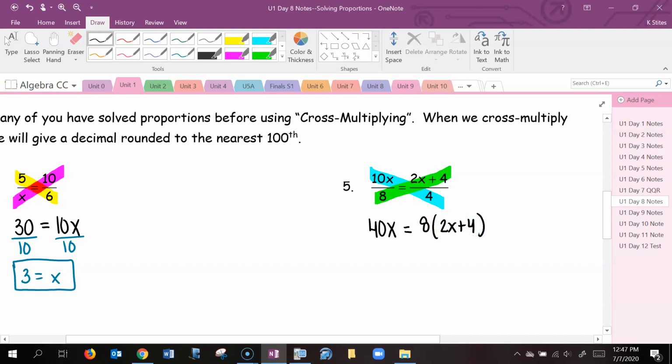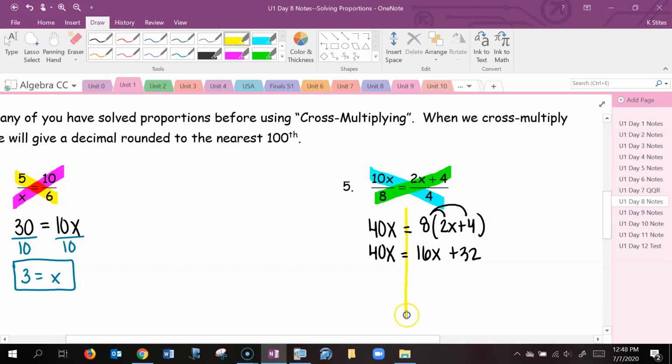You're doing 8 times that whole thing. Otherwise, people usually mess this up. Okay, so now we'll go ahead and distribute. 8 times 2x is 16x. 8 times 4 is 32. Now, some people skip this first step. They jump straight to kind of distributing in their head up there. If you can do that, that's fine. But I'm going to recommend you do what I have as my first step.